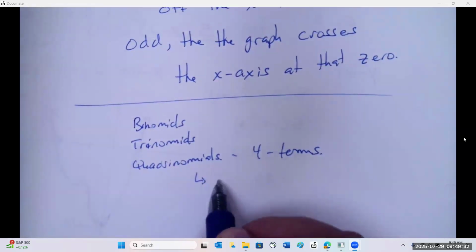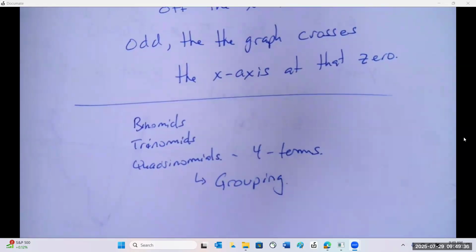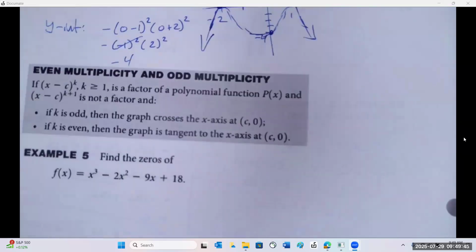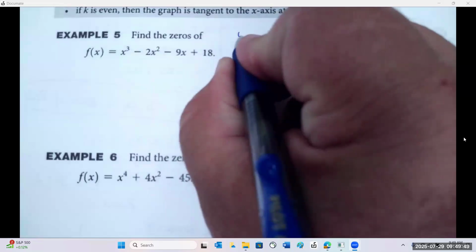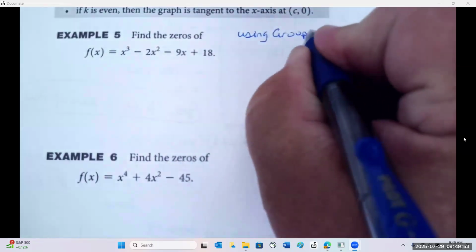This method is called grouping. All right, example 5. This is going to look at grouping.